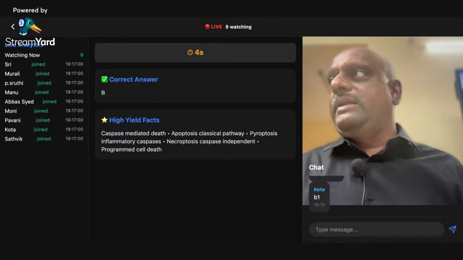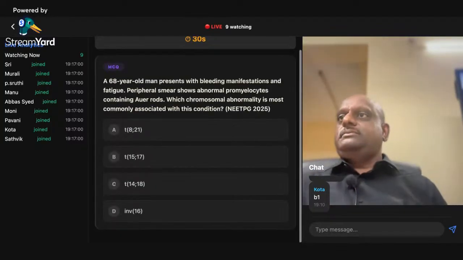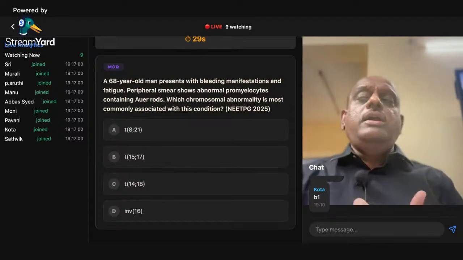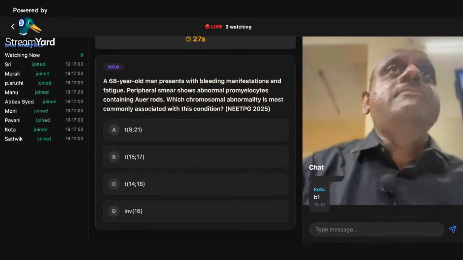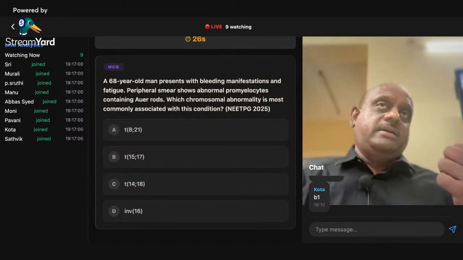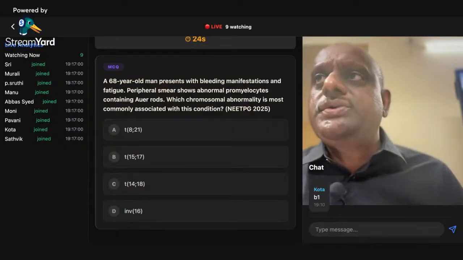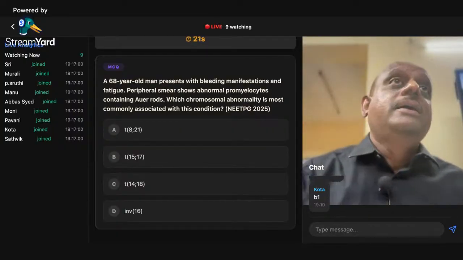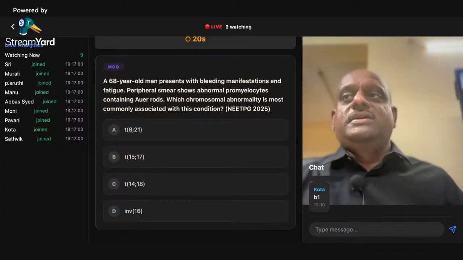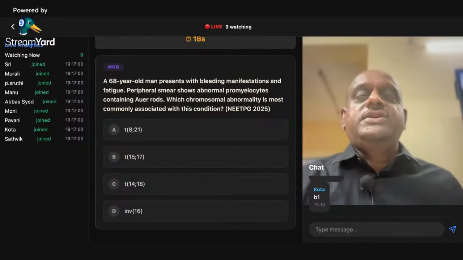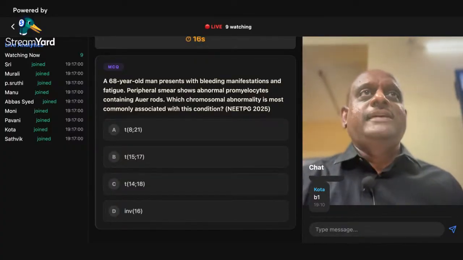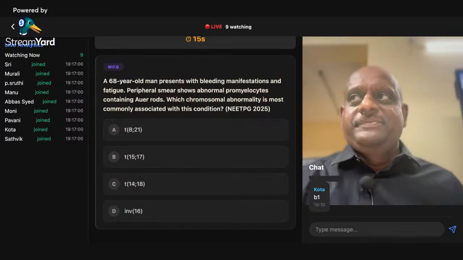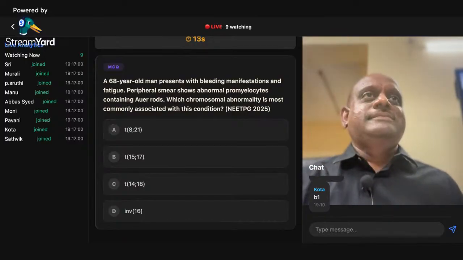Right? Next. A 6-year-old with bleeding manifestations and fatigue. Peripheral smear shows abnormal promyelocytes with Auer rods. Easiest question.